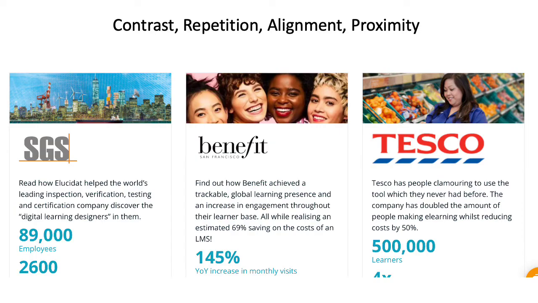Here's just a random website I took a screenshot of, but it shows these design elements in action. So let's look at contrast. So right away, the designer chose a white background, which makes these colors really pop. So the red against the white, the blue against the white, the black against the white, that's an example of contrast.